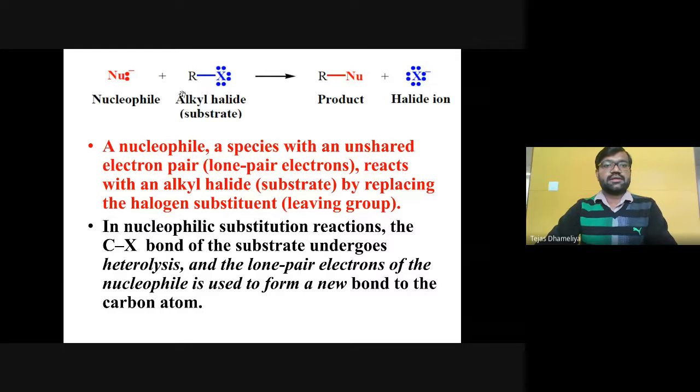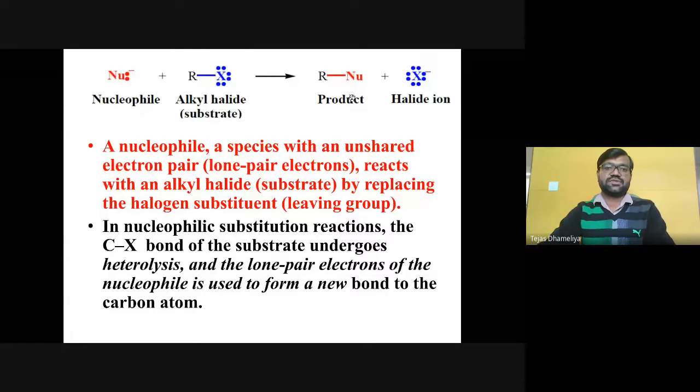Where there was a carbon halogen bond in the substrate, in the product it is now a carbon nucleophile bond. So we have formed a new bond at the cost of the carbon halogen bond. So this species is leaving from this reaction.